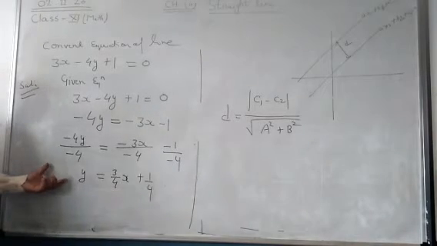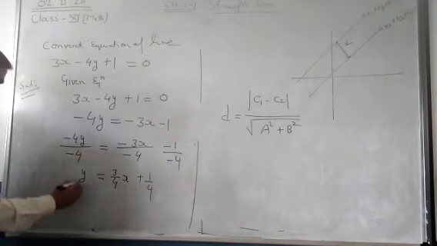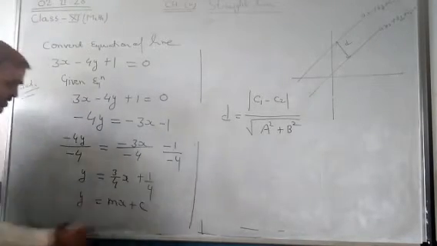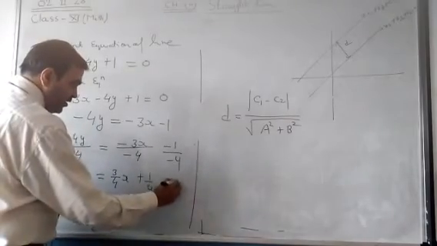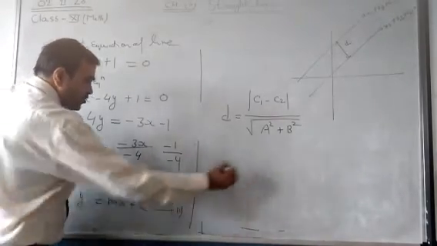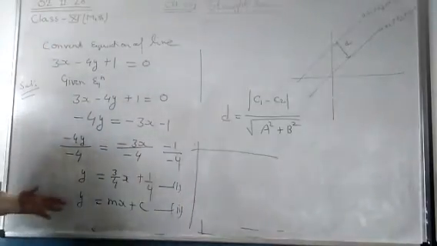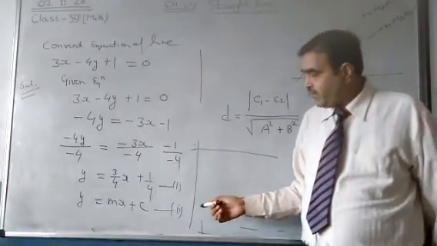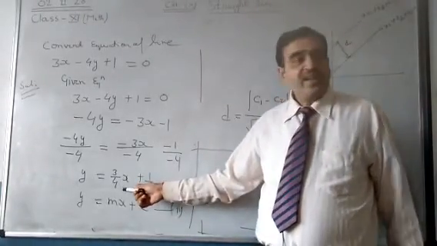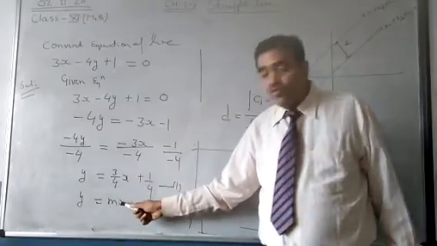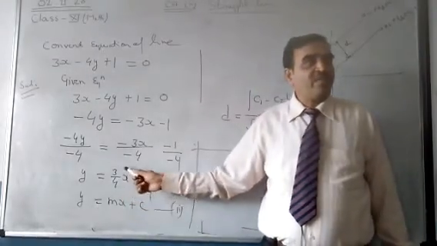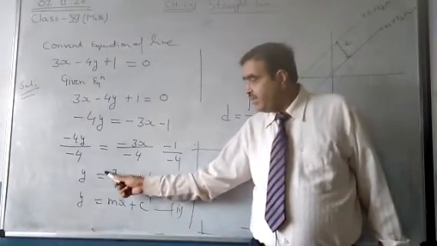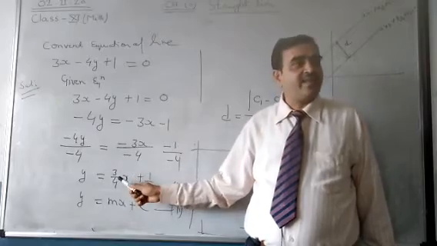And this is of the form y equals mx plus c. Suppose this is equation number 1 and this is equation number 2. If we compare both equations, we find the slope of the given line. Here the coefficient of x is m, and in the above equation the coefficient of x is 3 by 4. It means 3 by 4 is the slope of this line.